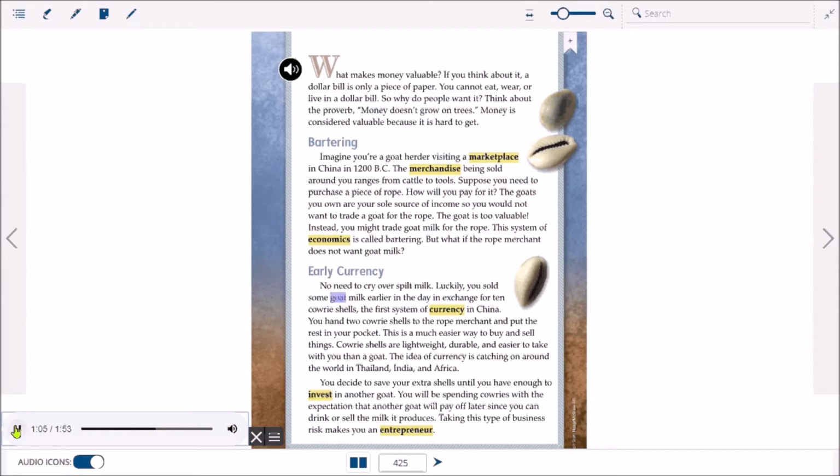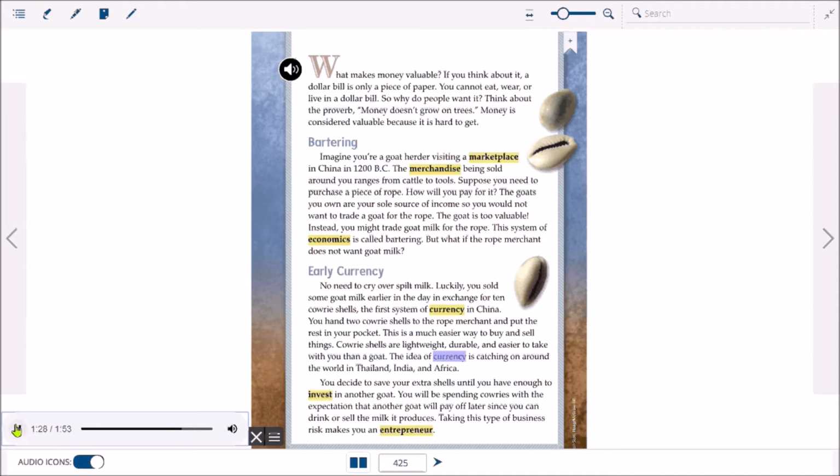Luckily, you sold some goat milk earlier in the day in exchange for 10 cowrie shells, the first system of currency in China. You hand 2 cowrie shells to the rope merchant and put the rest in your pocket. This is a much easier way to buy and sell things. Cowrie shells are lightweight, durable, and easier to take with you than a goat.